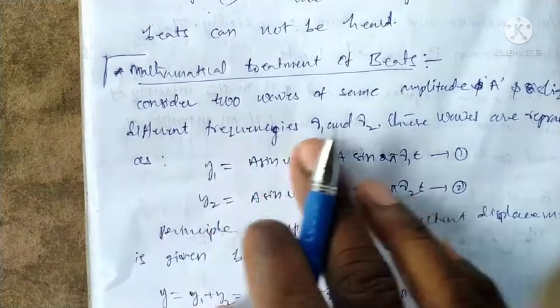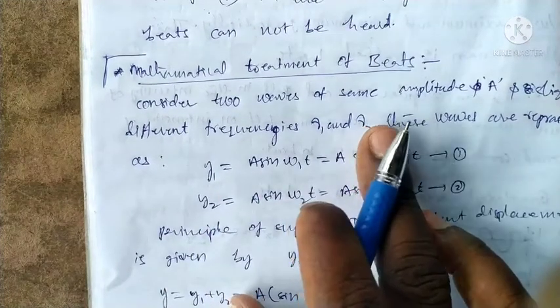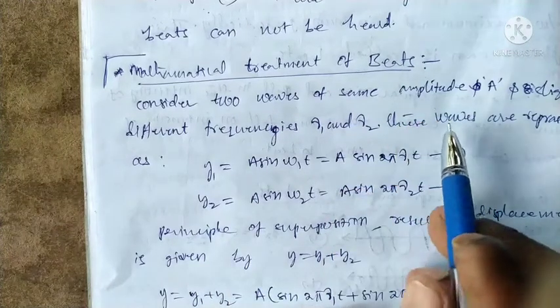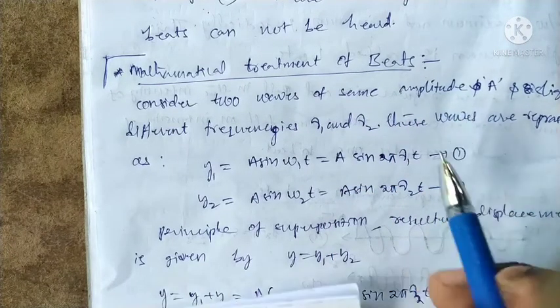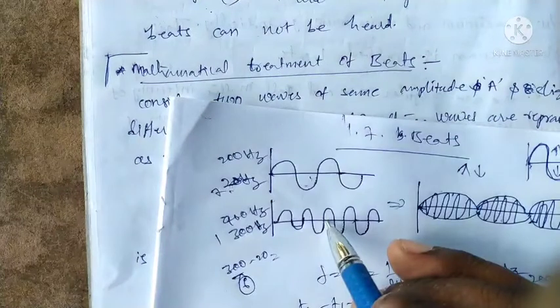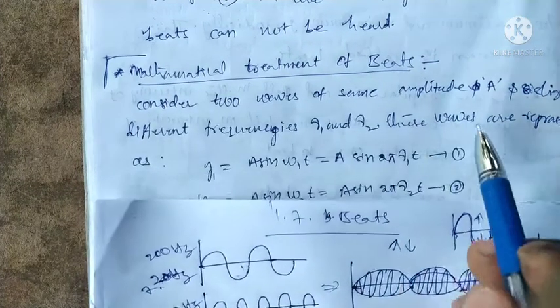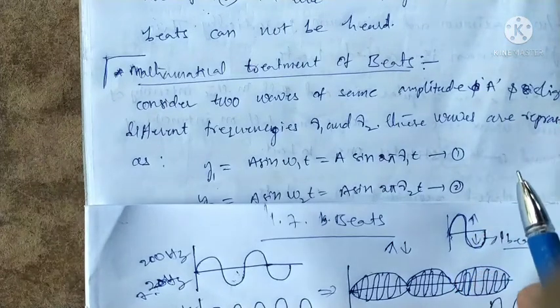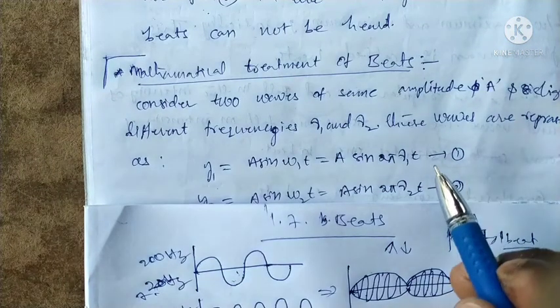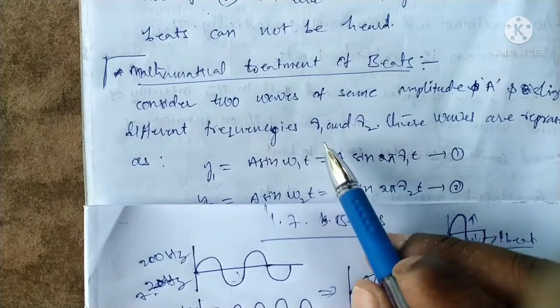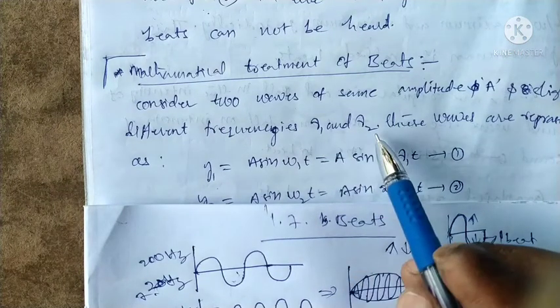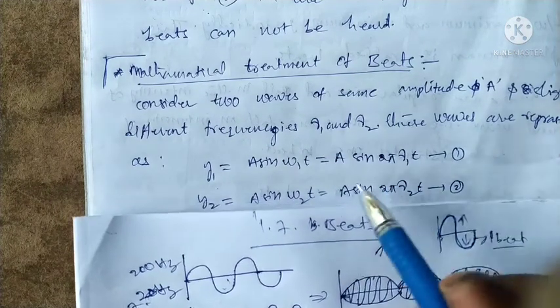You can consider two waves with the same amplitude and the same velocity, changing only slightly in frequency: the first wave with frequency nu 1, the second with nu 2.